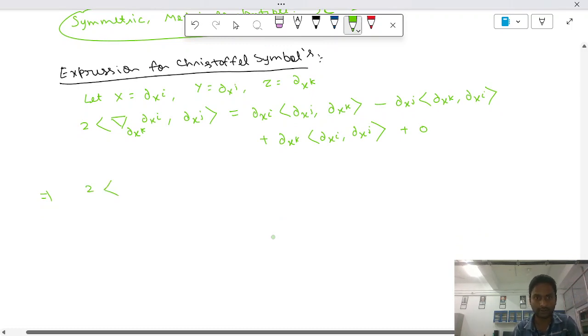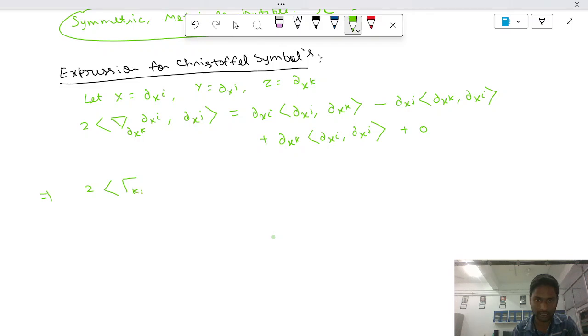This is a vector field, so you will have some gammas. This is your k i, let's use L, del x_L, comma, del x_j. Here, what are these? Inner product of del x_i, comma, del x_k.